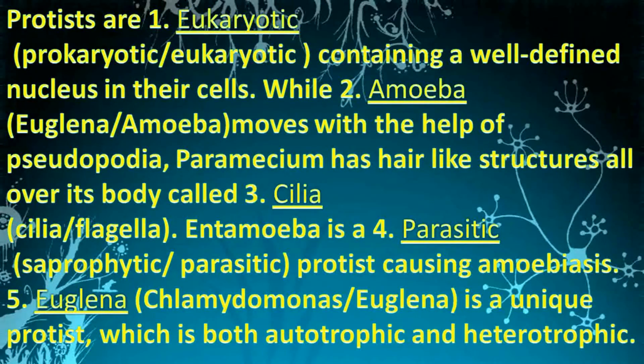Paramoecium has hair-like structures all over its body called cilia. Entamoeba is a parasitic protist causing amoebiasis. Euglena is a unique protist which is both autotrophic and heterotrophic.